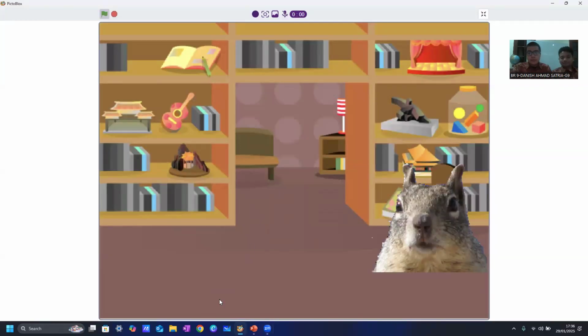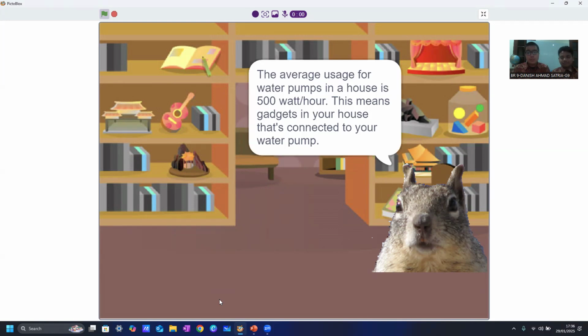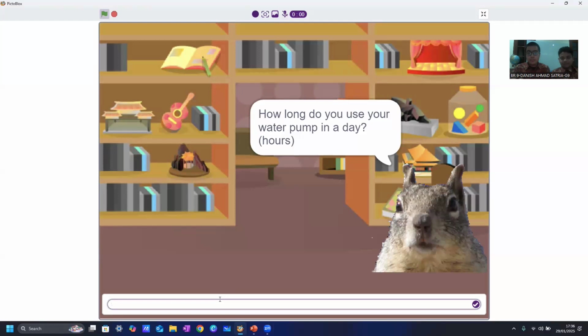Another unique part of this program is that before they ask you the question, they will provide you information on how many watts each electronic uses every hour.